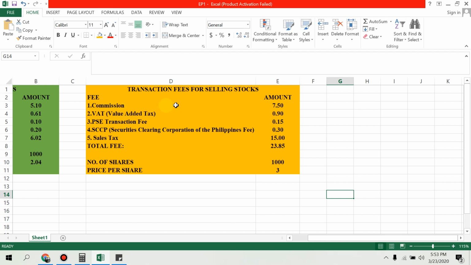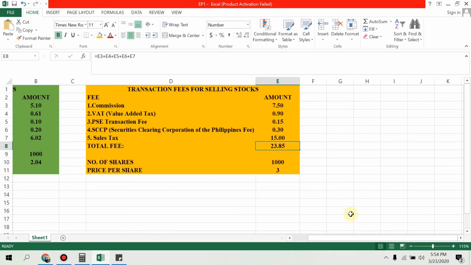So, ang ating commission fee is 7.5 pesos. Then, number 2, VAT, 0.9. PSE Transaction Fee, 0.15. SECP, 0.3. Sales Tax, 15. And kung pagsasama-samahin natin yan, ang total fee is 23.85 pesos.